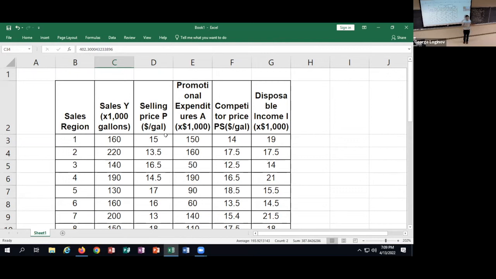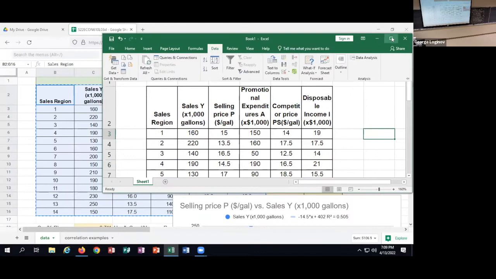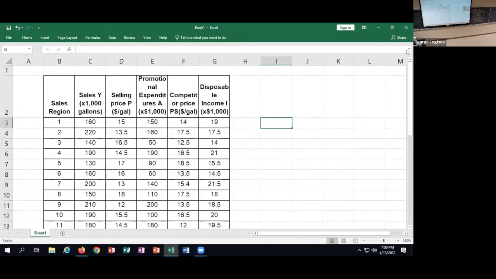I'm going to move a little bit to the right of my data set, and press data analysis, but now instead of selecting regression, I'm going to select correlation.